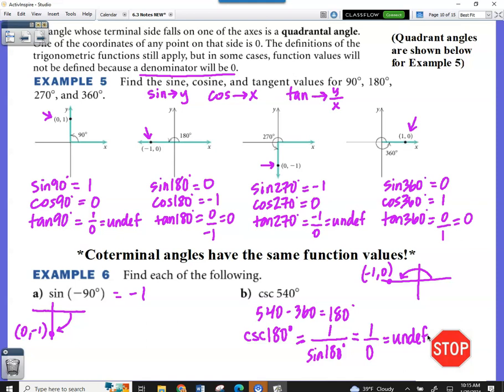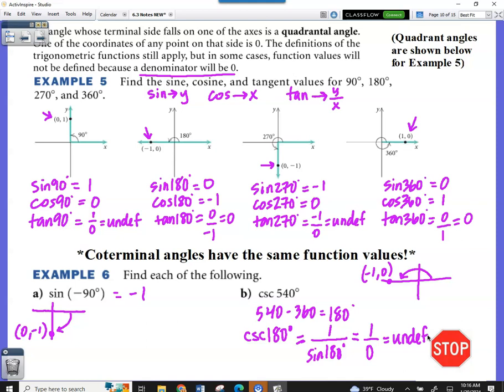If this seems like a lot, don't forget you could just type it in your calculator. We get bogged down in drawing the picture and the x, the y, the r. But these are just basic trig functions that you could type in. Now you can't type cosecant.